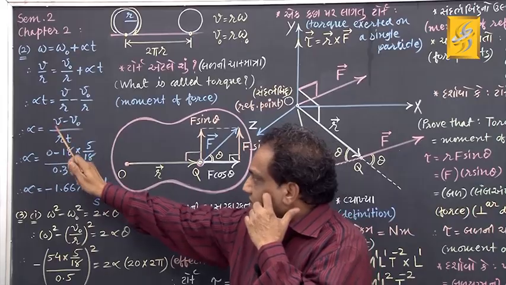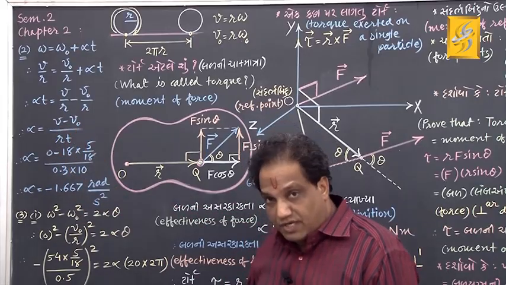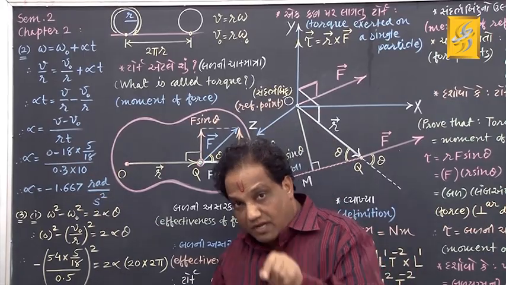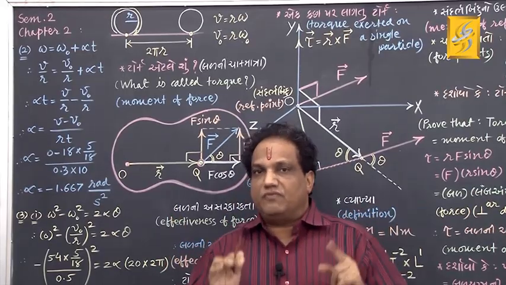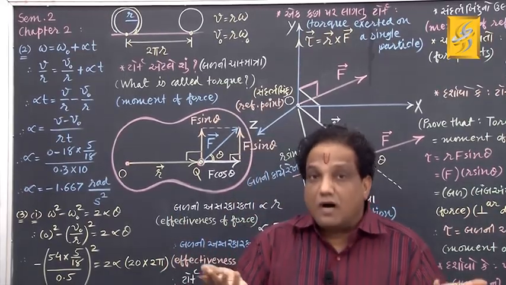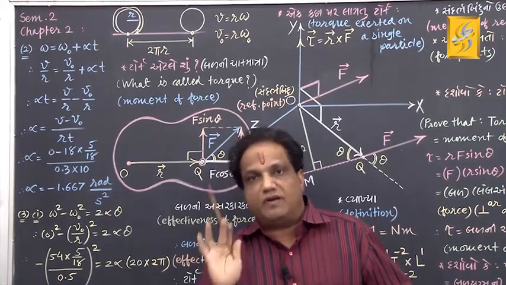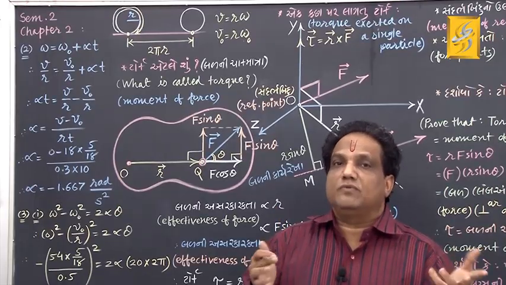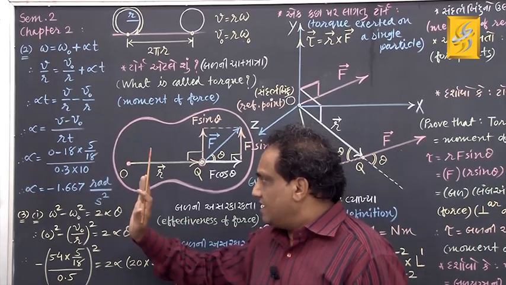So, this final velocity is 0 minus initial velocity. Are you given 18 kilometer per hour? No, kilometer per hour will not do. You must convert it into meter per second. How? Just multiply by 5, divide by 18.